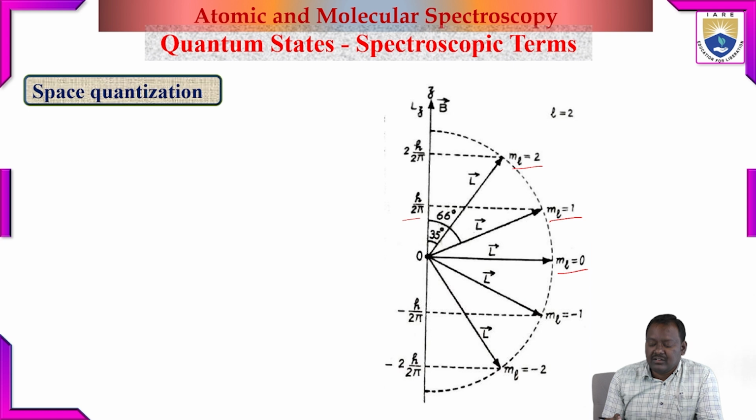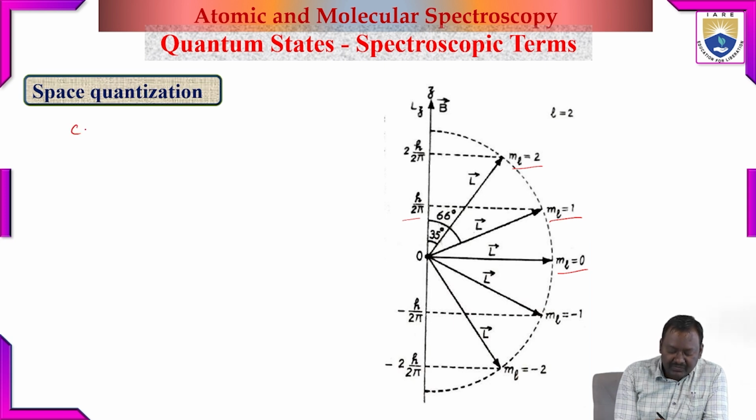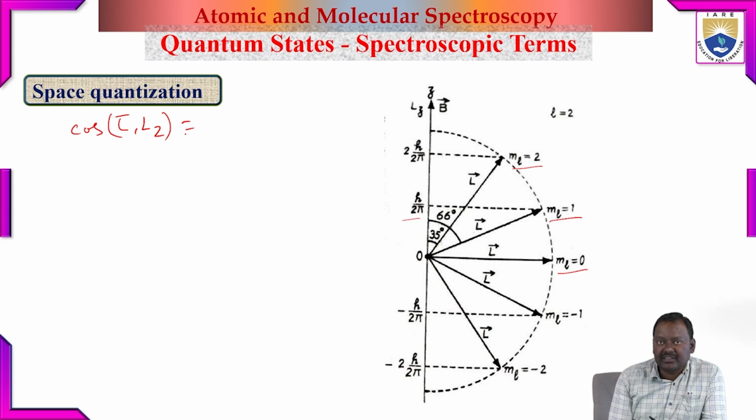So these are the 5 different orientations of the electron orbit around the nucleus. So let us calculate the angle between L and Lz. The angle is given by cos theta, or we may represent this as L bar comma Lz.